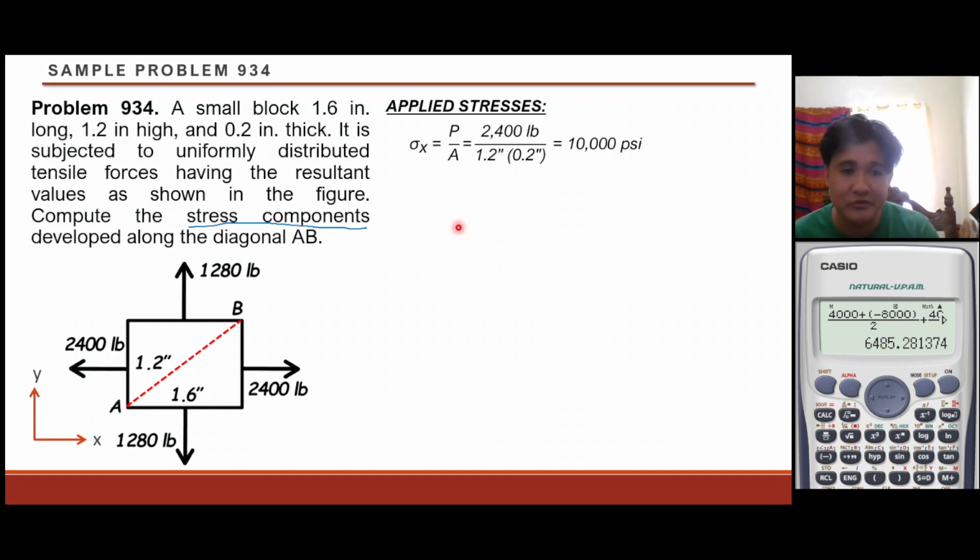Now, let us solve for the stress along the Y direction. Same process, P over A. Our loading of 1,280 pounds all over 1.6 inches times the thickness of 0.2 inches.